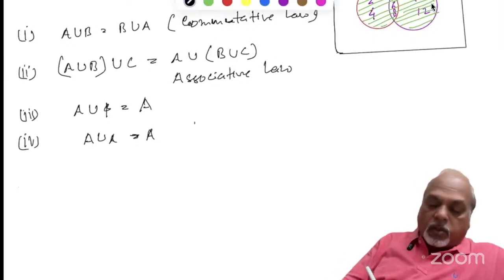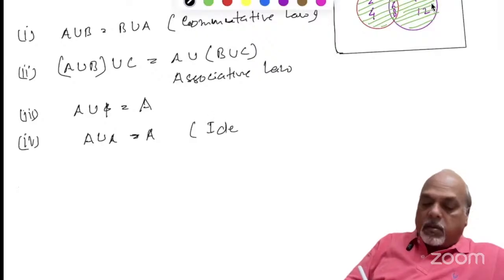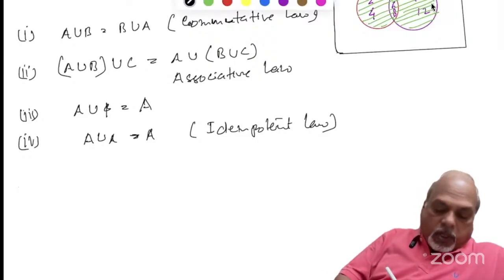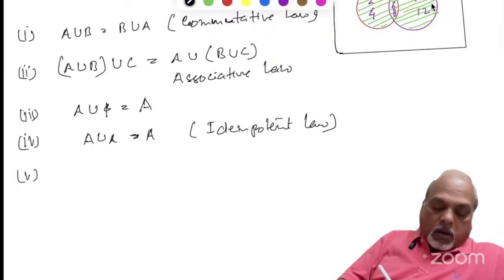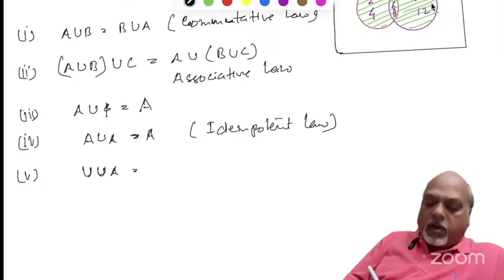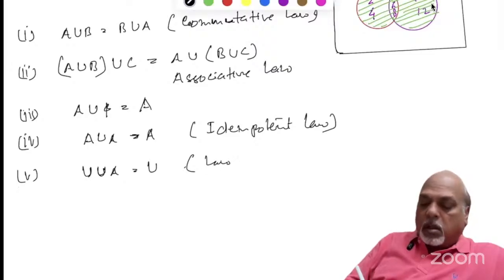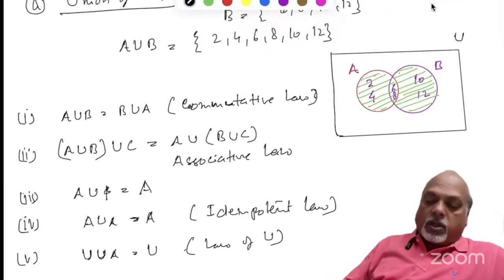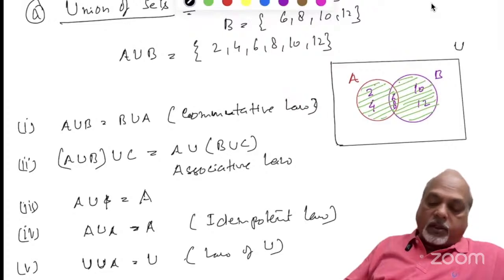There is no problem. This is called the idempotent law. And if you see the union of the universal set and A, it will be, of course, the universal set. It is called the law of the universal set. So this is about A union B, union of sets.